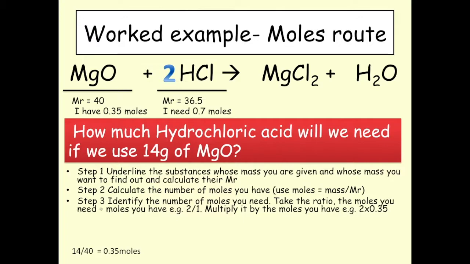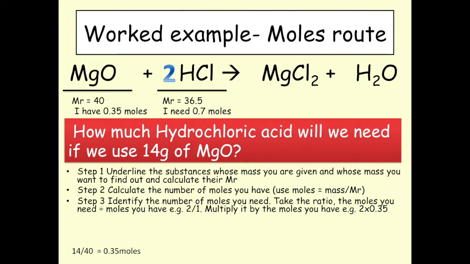Now what we need to do, now we know the moles of HCl, is use the periodic table again to work out the MR of HCl, and therefore we can work out the mass of HCl needed to completely react with MgO.